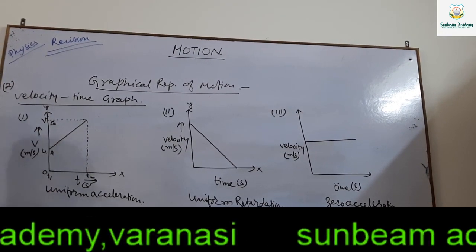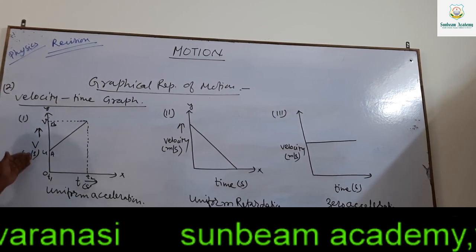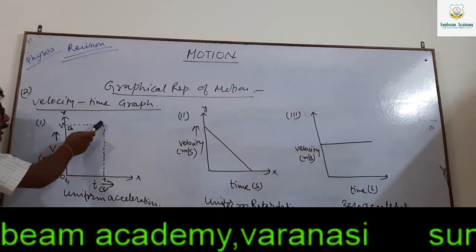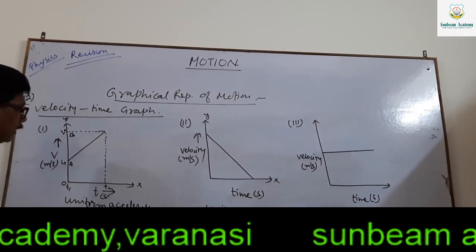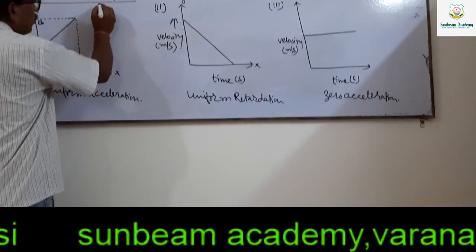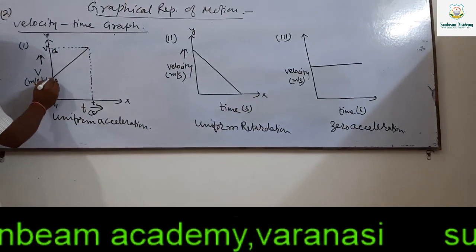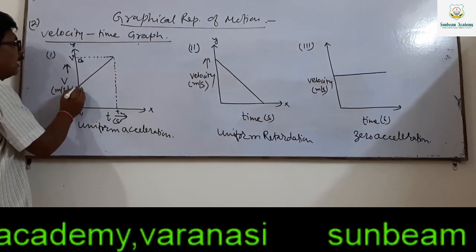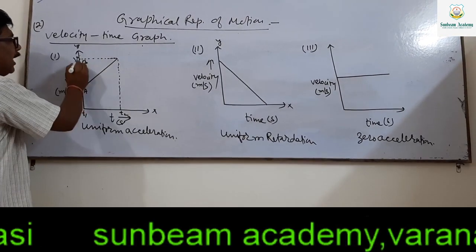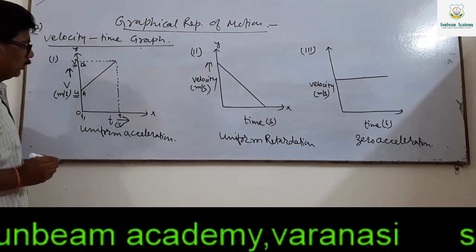So for uniform acceleration, when the initial velocity is not zero, the graph is a straight line. Here U is the initial velocity, and here final velocity V.